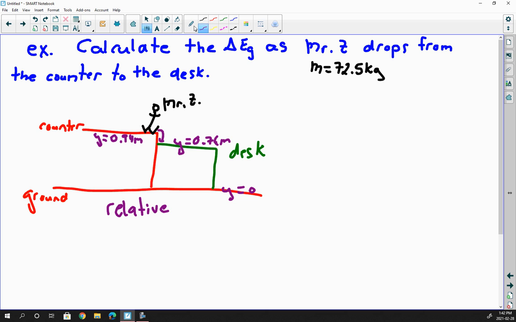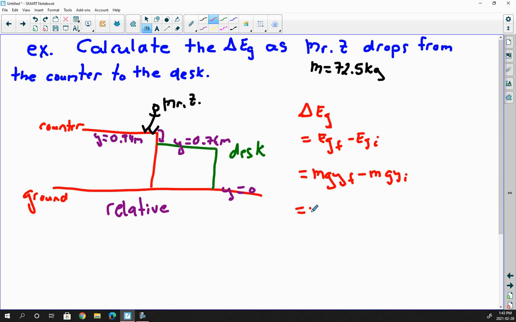And we want to calculate the change in gravitational potential energy. So change in gravitational potential energy is gravitational potential energy final minus gravitational potential energy initial, which is mg y final, mass times gravitational field strength near the surface of the Earth. But notice there's no vector sign above this g. It's all scalar, minus mg y initial, because energy is more of a scalar quantity. So there's no negative 9.8. It's just 9.8.